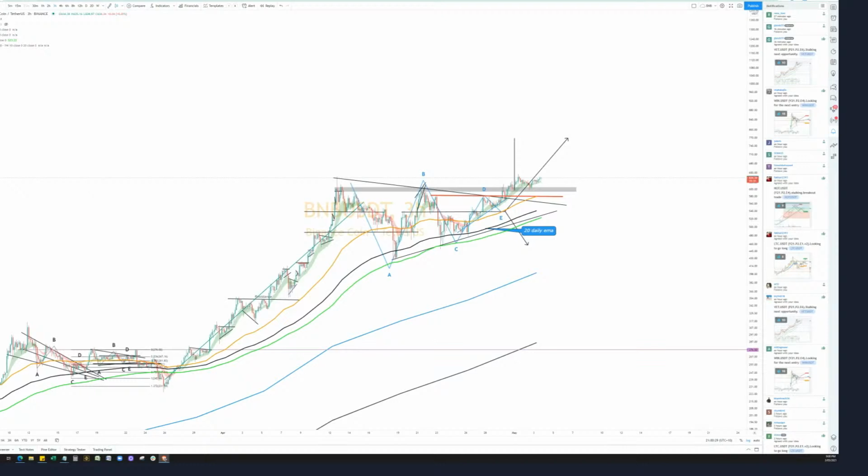So we haven't reached there yet, and we'd probably like to reach there, and it's my gut feeling that we will get a significant pullback. So, what's significant? We'll get a response. So here we had a response, and it pulled back, not too much, but it did pull back.